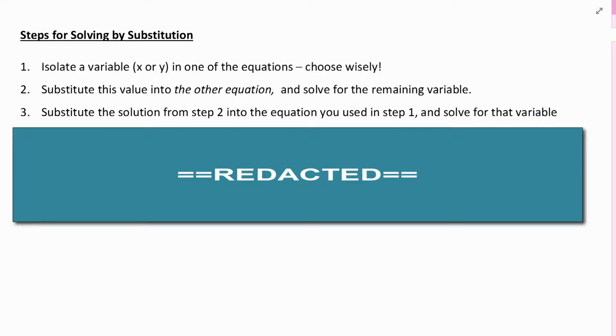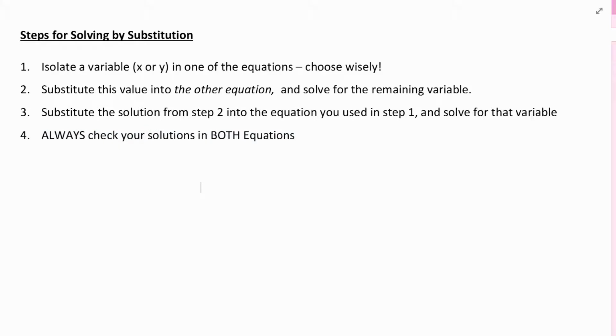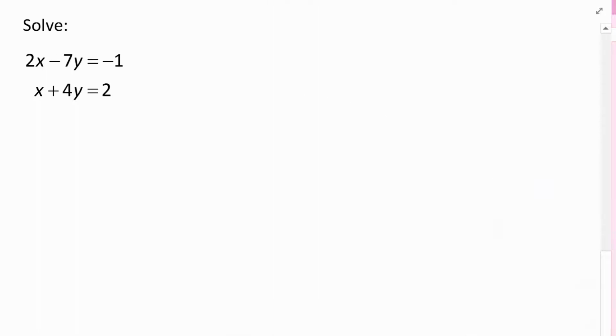Substitute your solution from step 2 into the equation you used in step 1 and solve for that variable. Step 4. Always check your solutions in both equations. Again, the key to a system is that your solution has to work in both equations, not just one of them. Let's try another one.